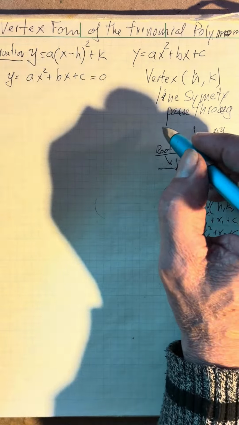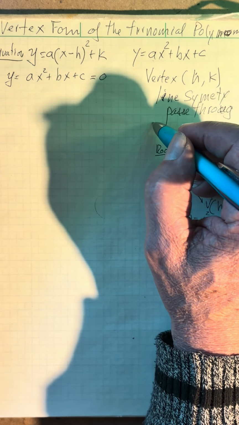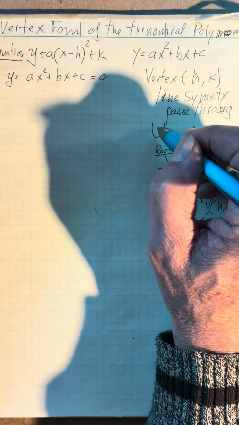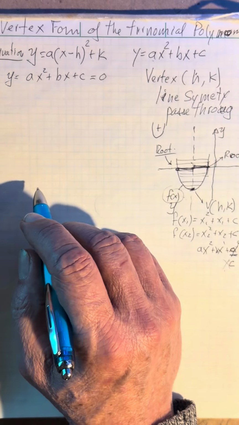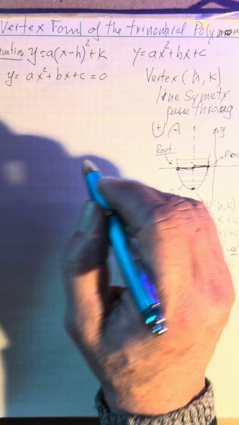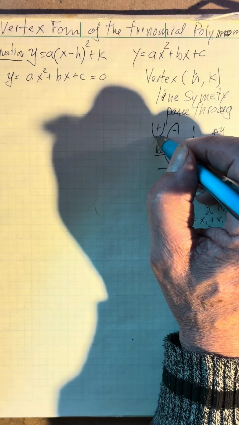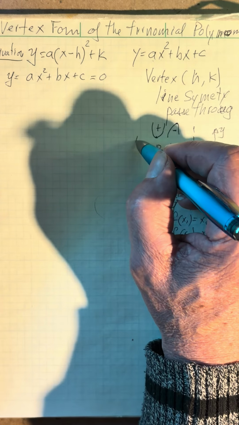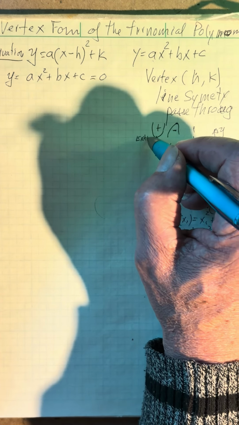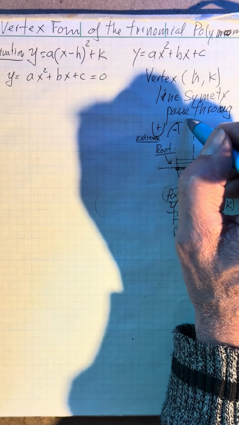I just want to mention one more thing that just happened to pop into my head. A parabola that opens up is positive, and a parabola that opens down is negative. And the vertex of each of these parabolas has a name, which we call extrema. And this is another extrema.